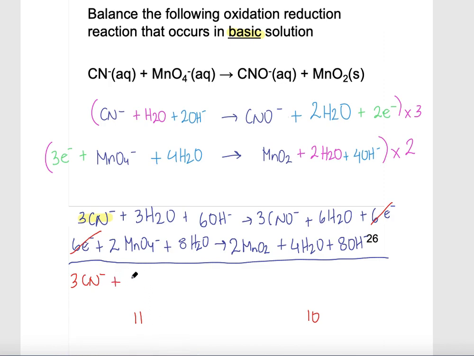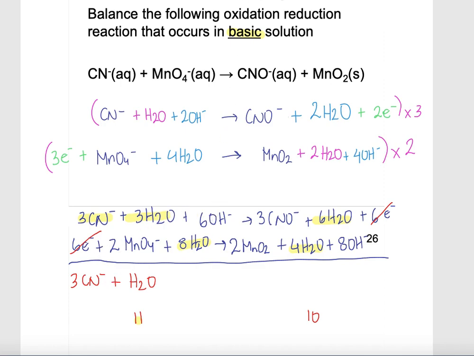So I'm just going to say plus water here. And all of the waters are taken care of. I can go ahead and highlight the 3 waters, the 6 waters, the 4 waters, and the 8 waters. They are all taken care of. From there, the next thing is my hydroxides, I guess.